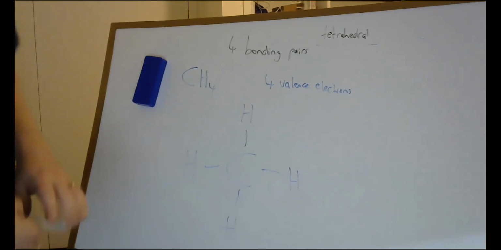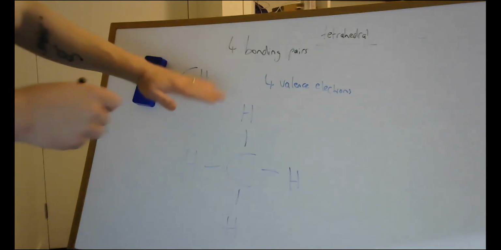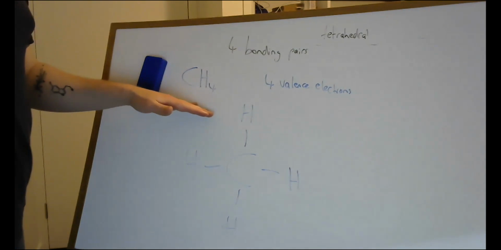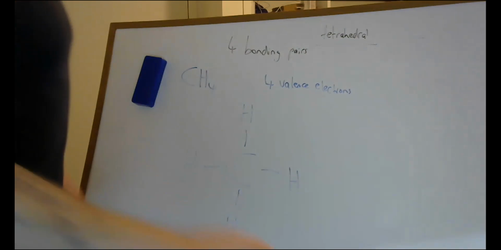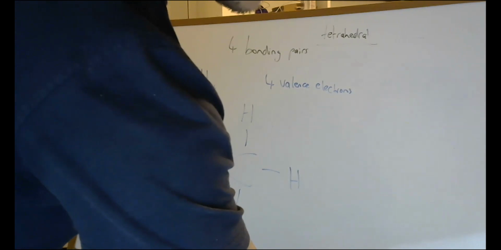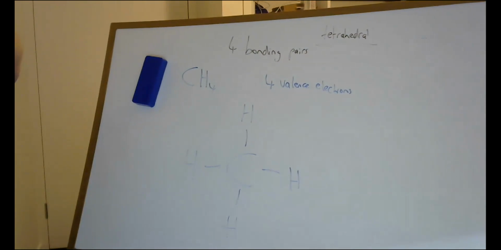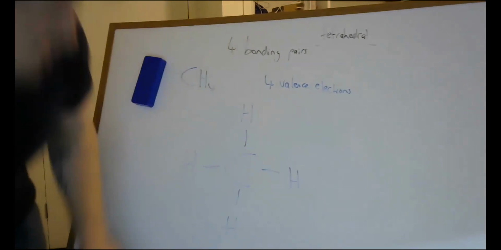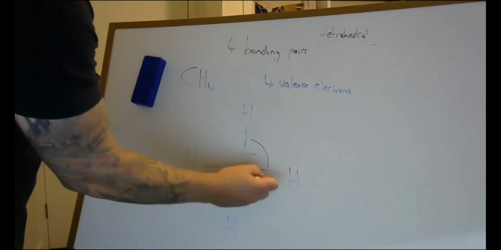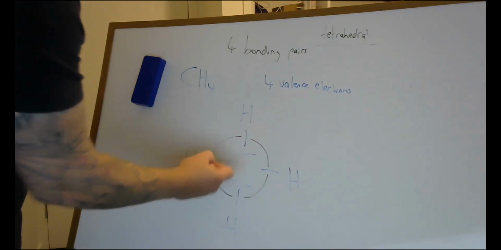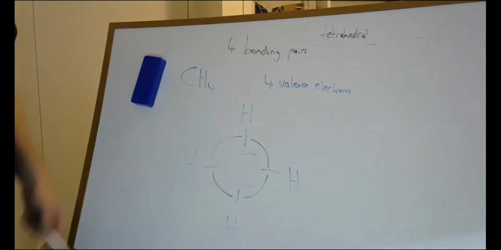My whiteboard markers are dying. So, if it has anything from group 4, it's a tetrahedral molecule. Because if it has 4 valence electrons, then it bonds to 4 other elements. So you would have carbon in the middle and hydrogen all the way around. And these bond angles, again, are arranged so they're as far apart as possible, and 109.5 degrees is the bond angle.